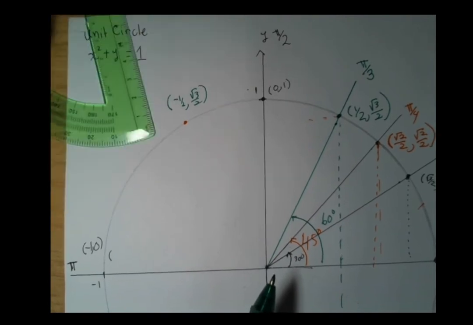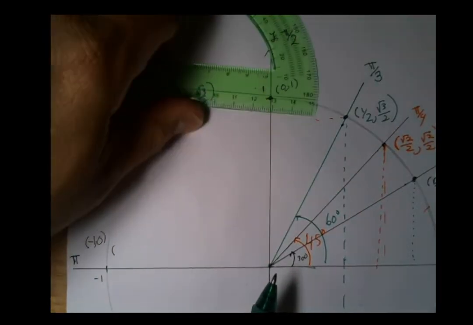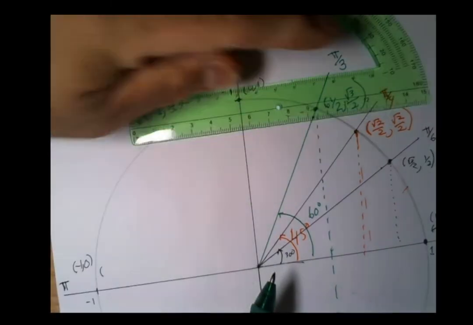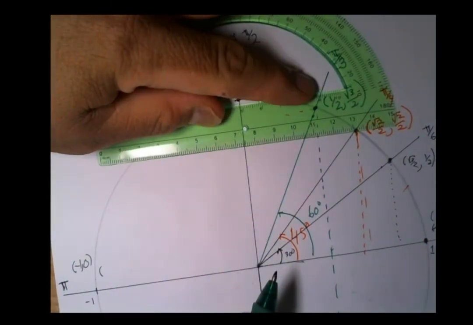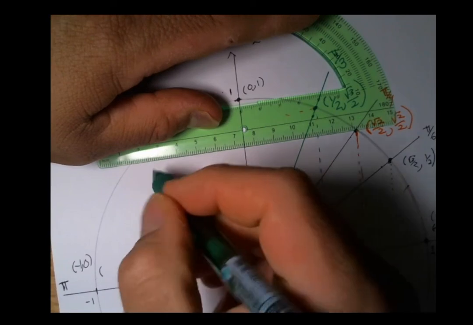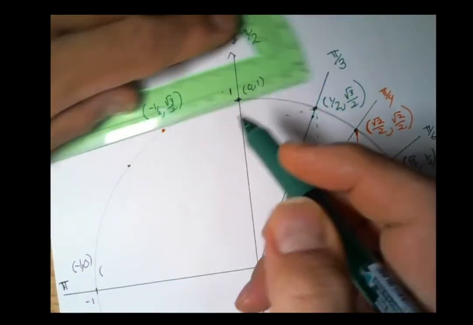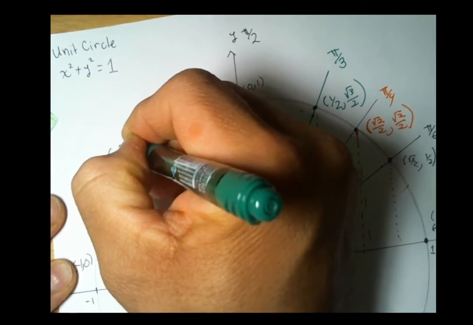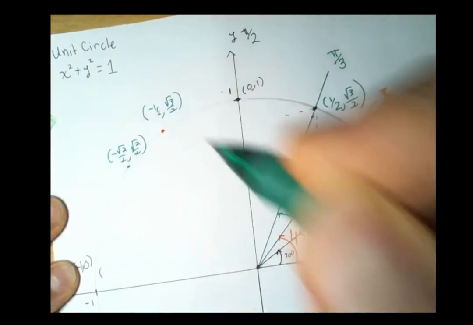So each of these points gets a change in sign for the x-coordinate.